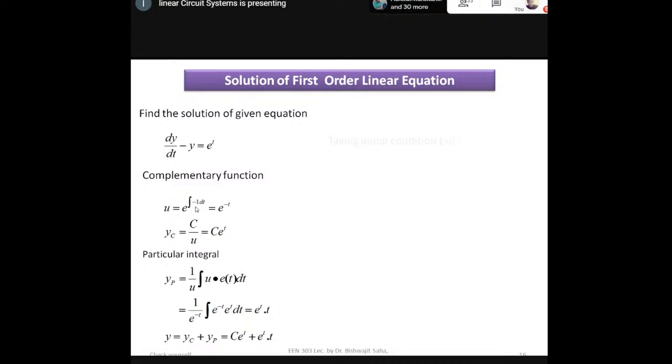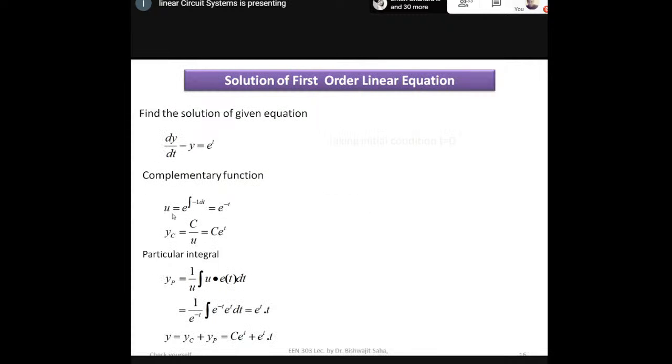So the integration of minus 1 dt equals what? Minus t. So ultimately it comes to e to the power minus t. So y's complementary function, c divided by u, is going to be c e to the power t.